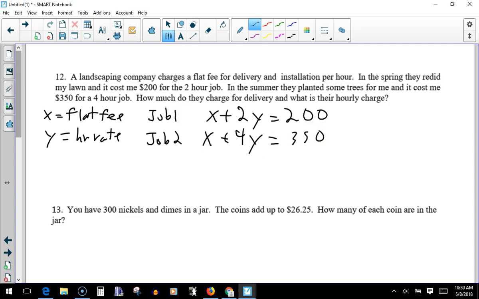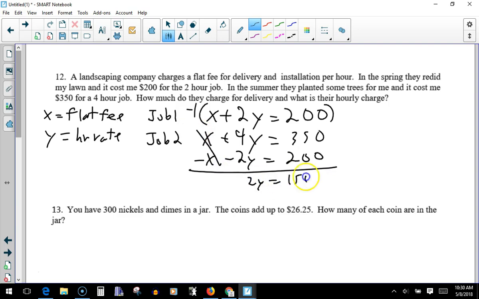Now at this point, the easiest thing to do is cancel your X's. Okay? Because you just need to make one negative. Make life easy. I'm going to do this one because then I'll get positive numbers. So that's going to be negative x minus 2y equals 200. Cancel. 2y equals 150. So y is 75. Okay?